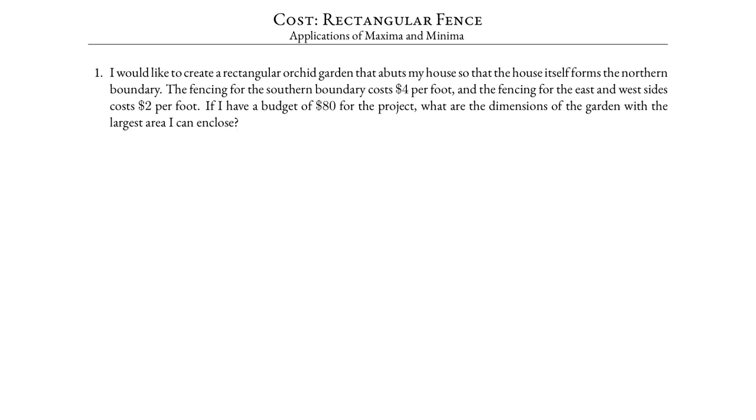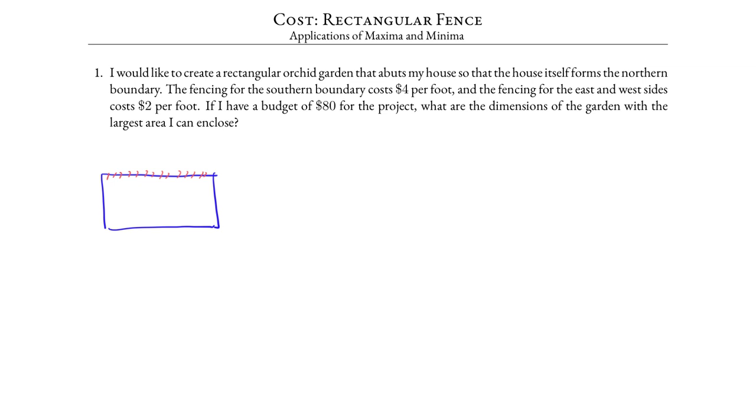area I can enclose? The problem involves some kind of geometry, rectangular, and so it's always a good idea to draw a diagram. We are building a rectangular garden, so we draw a generic rectangle. We then build the fence for this garden, but we do not need to do so for the northern side because the house itself forms the northern boundary.